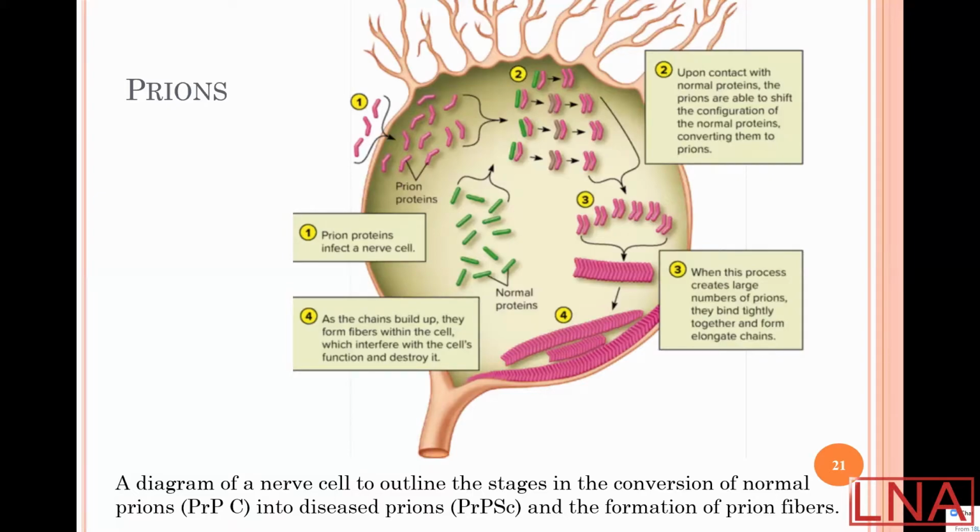So a person could live with prion infection more than 10, sometimes 30 years.